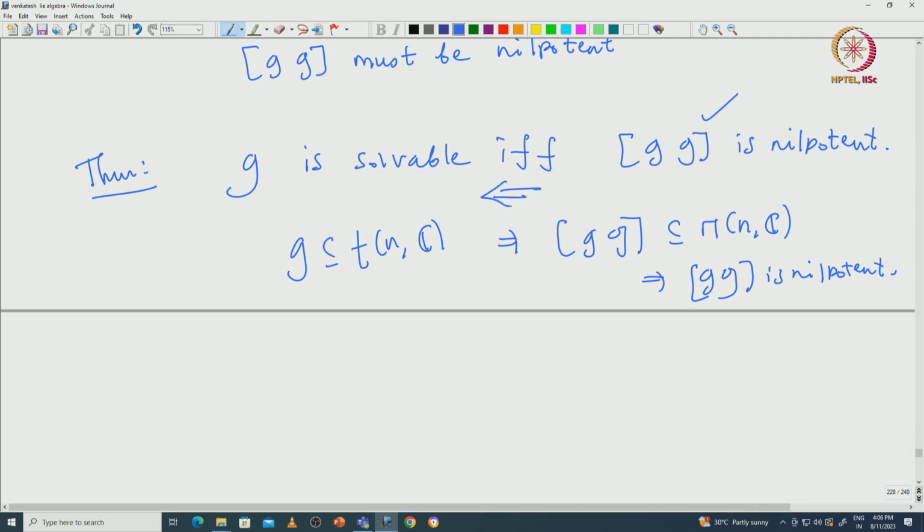So, this direction is obvious; only the other direction uses Lie's theorem. Like I said, think about whether a general arbitrary Lie algebra satisfies the same characterization. I will stop here with this characterization.